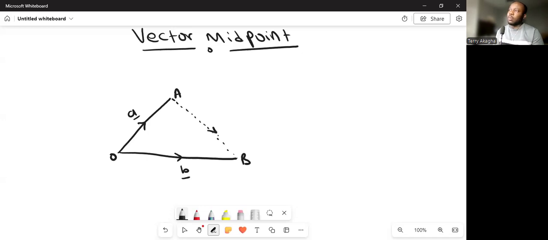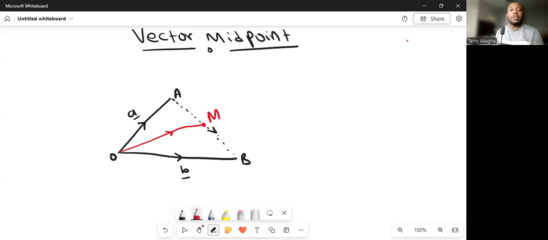So let's assume we have vector AB. Now, let's assume the midpoint of vector AB is called M. So how do we find OM?